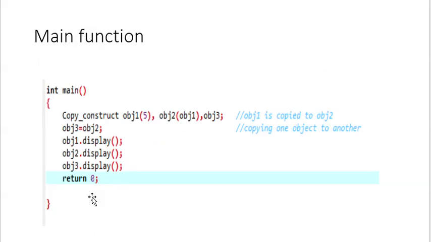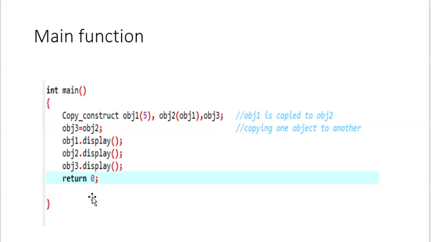Now coming to the main, first we will create objects with the name of the class. I have created 3 objects, so I will show you the methods of copying one object to another.